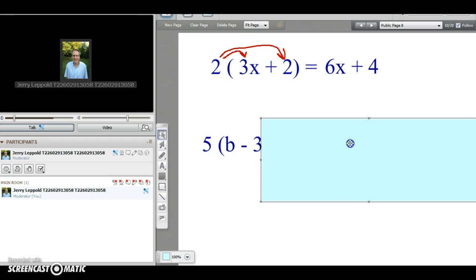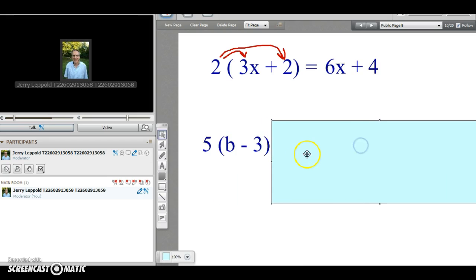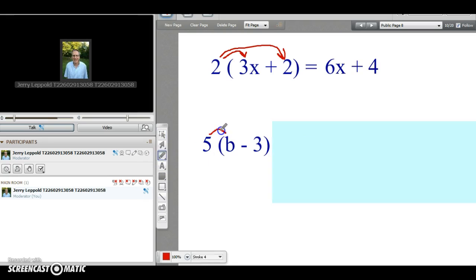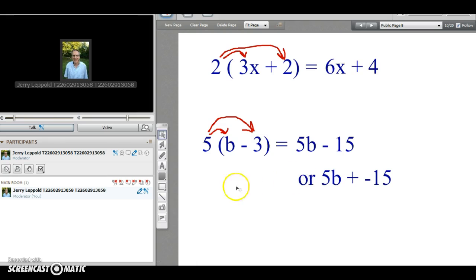And in another example here, if you used a different variable like b, you do the same thing. You'd get 5b plus a negative 3. You can think of that as minus 3 or plus a negative 3. We'll deal more with negative numbers later, but you'd get the negative 15. So your answer there would be 5b either minus 15 or 5b plus a negative 15. It's the same thing.